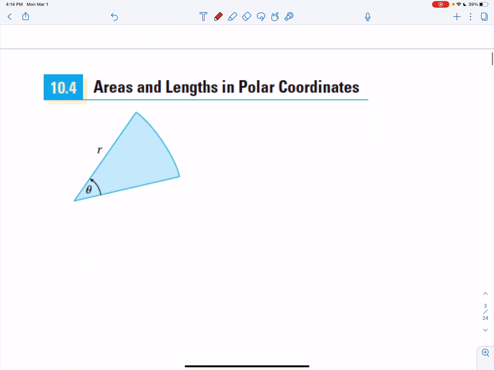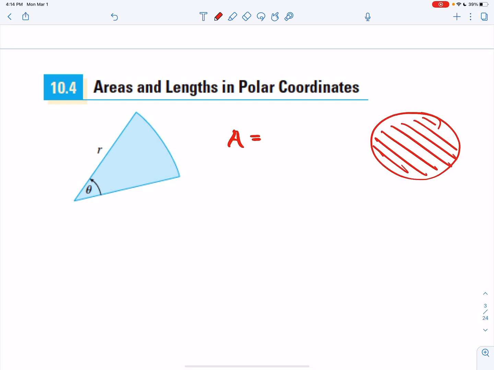So here we go. Way back in geometry or integrated math 2, you might have skipped this section. It kind of just depends on who your teacher is, right? To find the area of an entire circle, so meaning finding the amount of space within a circular region, it's just pi r squared.